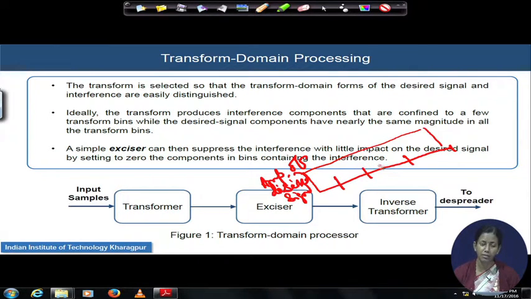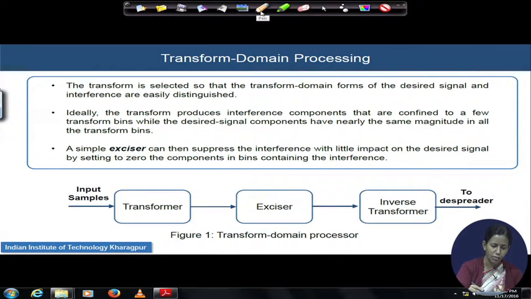It has negligible effect over the desired signal. Now at the output of the exciser, you are getting transformed beans with mostly the cleared desired signal, and hence the inverse transformer brings this cleared signal to the original domain.